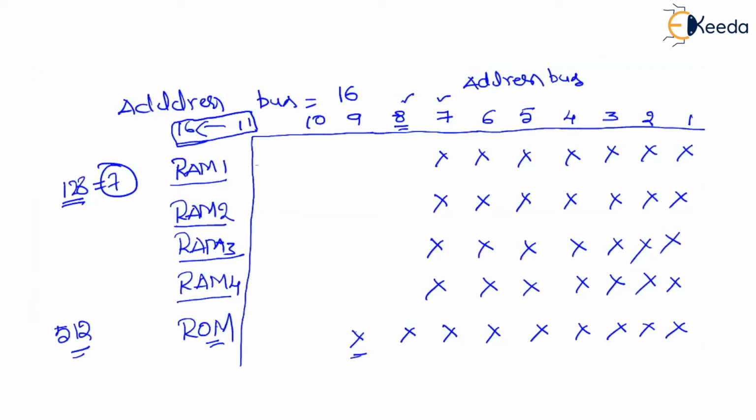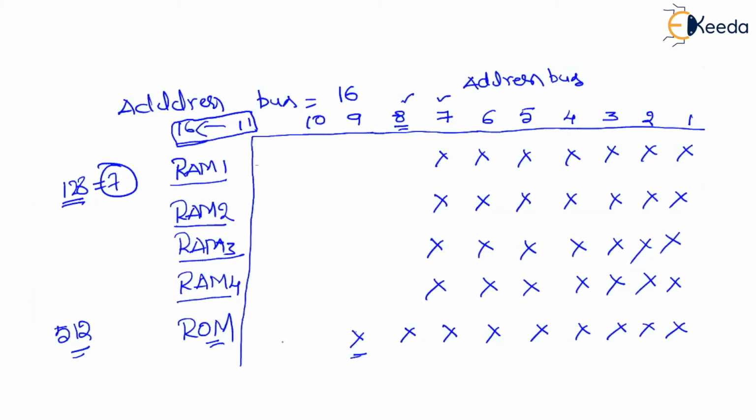From 10 to 16, everything is free. So in order to represent a RAM, least significant 7 digits must be occupied, remaining digits will be free. In order to communicate with ROM, least significant 9 digits should be occupied, remaining digits will be free. I hope you got this point now.